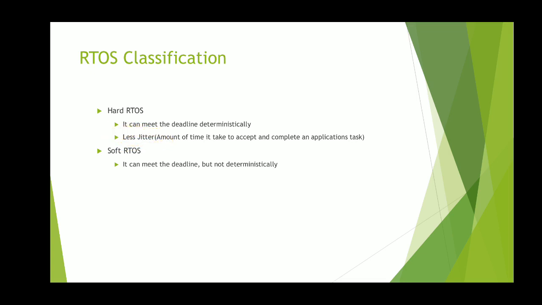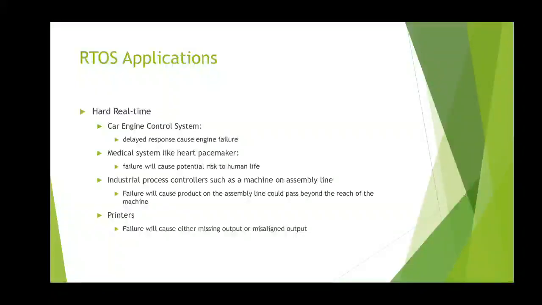But in the case of a soft real-time operating system, it can meet the deadline but not deterministically. It means that sometimes it is possible to miss the deadline, but it will respond to the input, but sometimes it may miss the deadline. Now we can go through various applications of real-time operating systems.